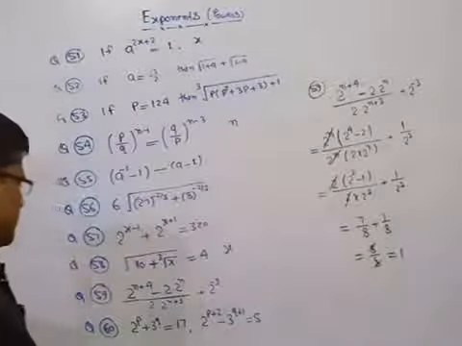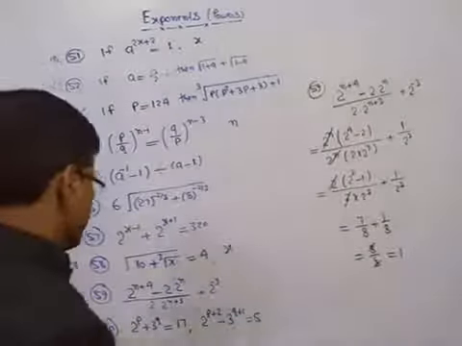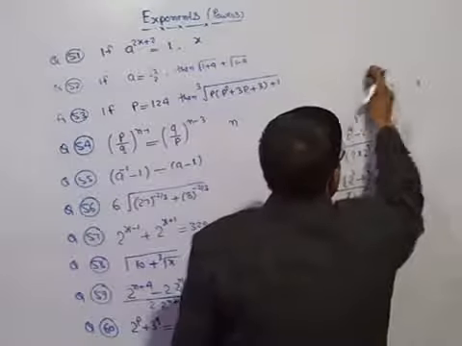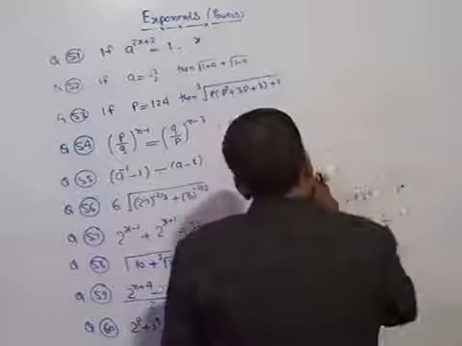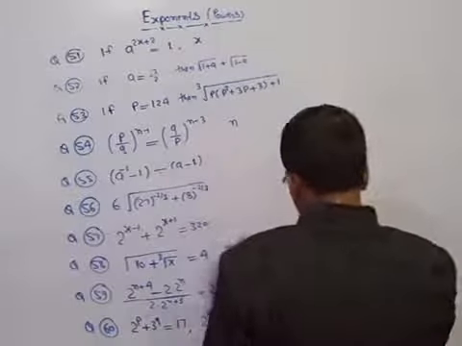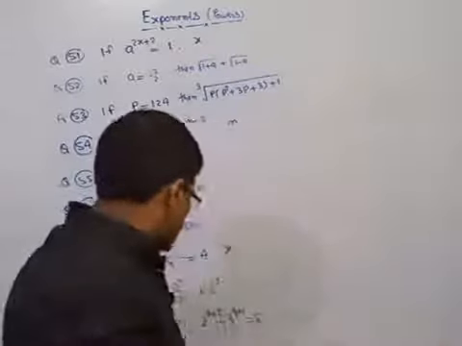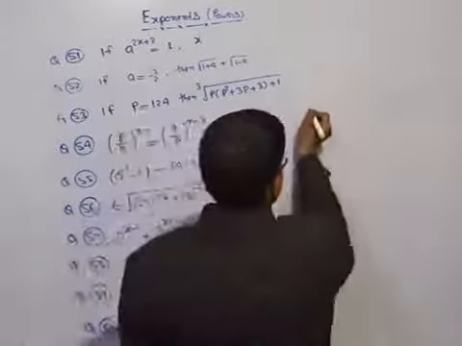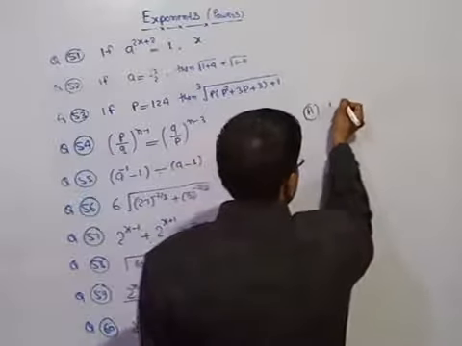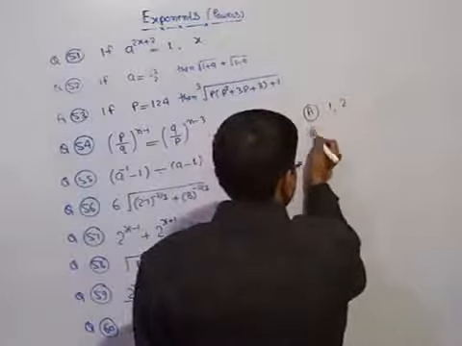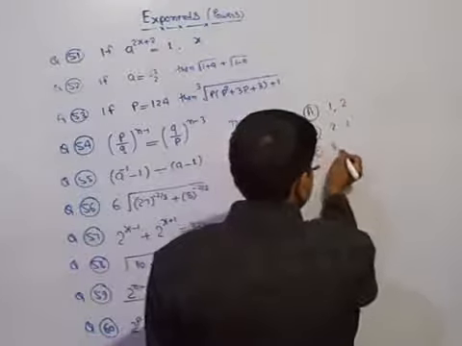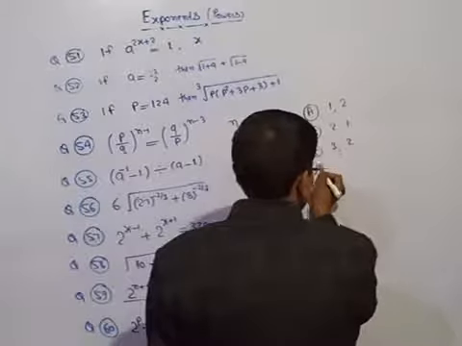Clear? Next question. This question we will solve by the MCQ method. The values of p and q are given as options: 1 2, 2 1, 3 2 and 2 3.